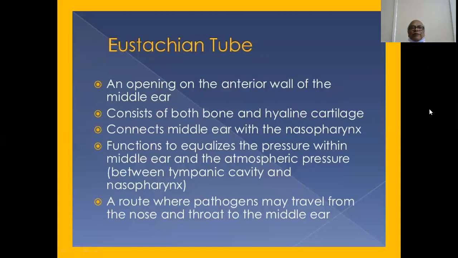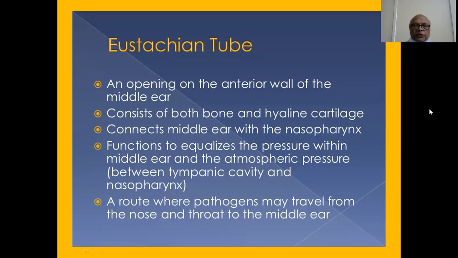As you have already mentioned about the eustachian tube, in its proximal 2/3 part it is bony, whereas the distal 1/3 part is cartilaginous. The distal 1/3 part, the cartilaginous portion, is a C-shaped cartilage.